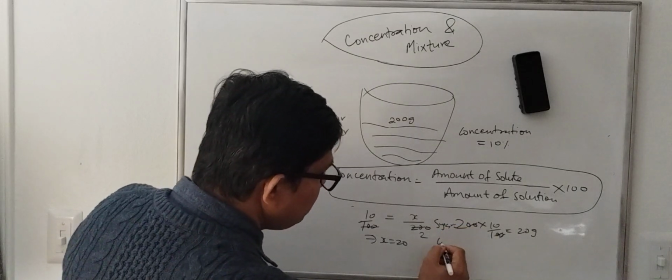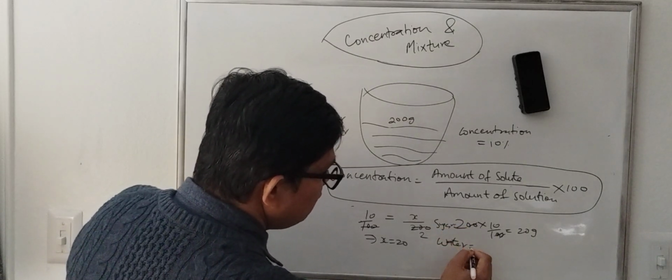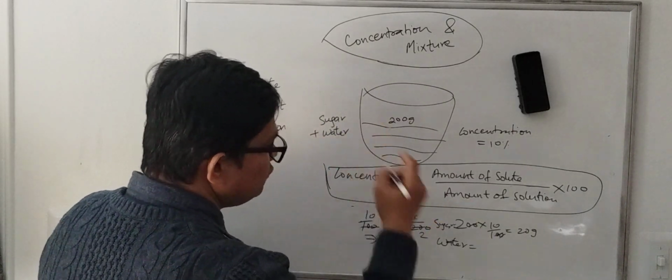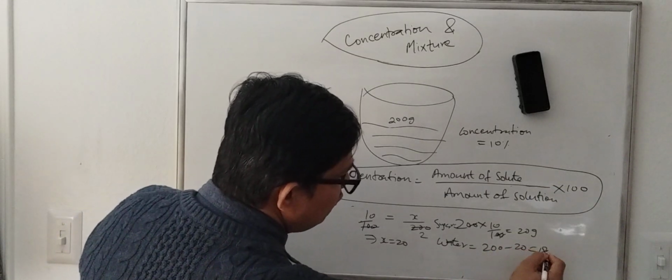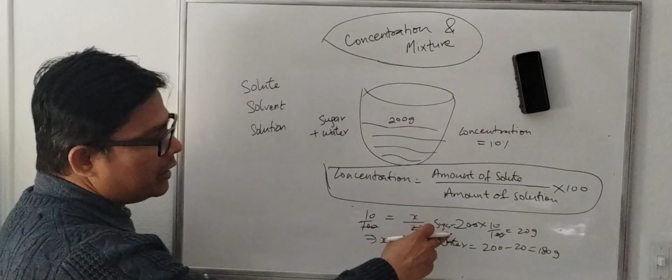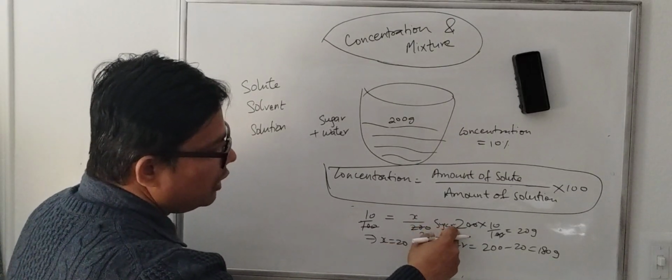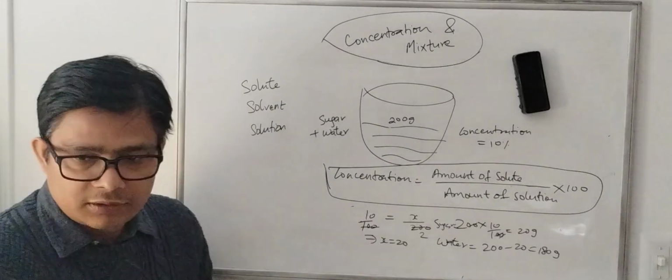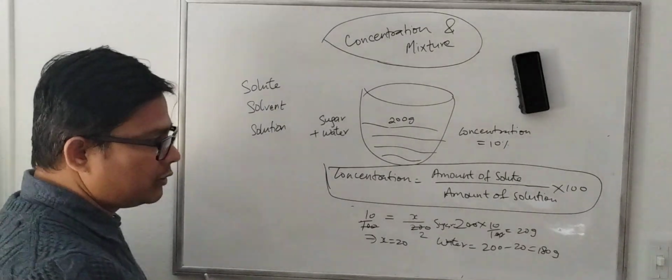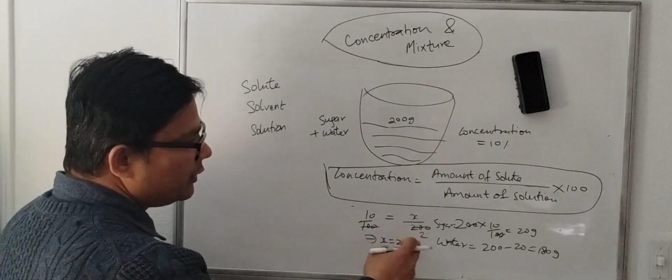If sugar is 20 gram, how much water? The amount of solution, which is 200 gram, minus the amount of sugar, which is 180 gram. So now you have 200 gram in total: water is 180 gram and 20 gram of sugar. Now you can verify this answer. How to verify?